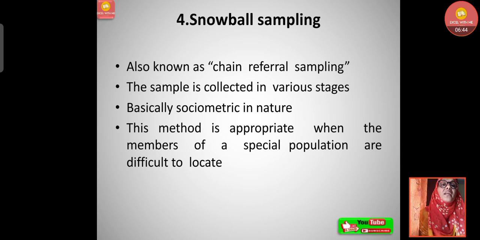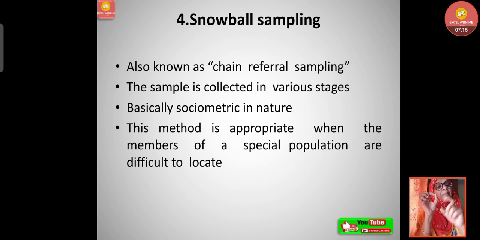Now, the fourth one is the snowball sampling, also known as chain referral sampling. That means, like snowball, if we see in the mountains, it rolls down and completes its journey by taking more and more snow with it and becomes a big snowball at the end. Likewise, we can take the chain, one link attached to the other link and again other link, another link, like that chain will be there.